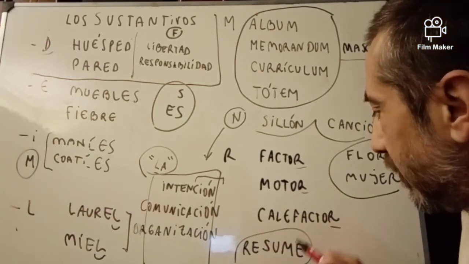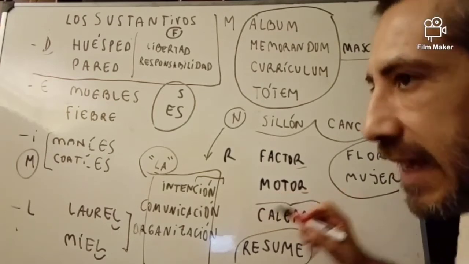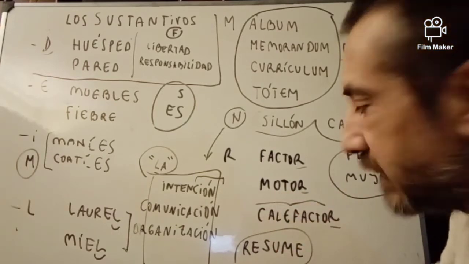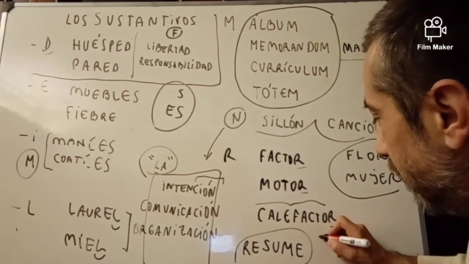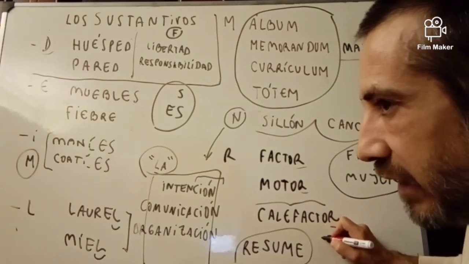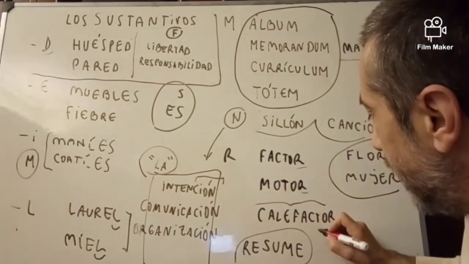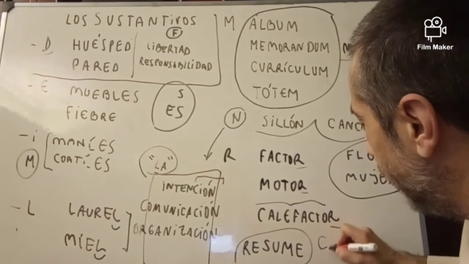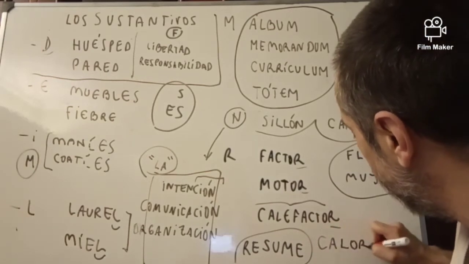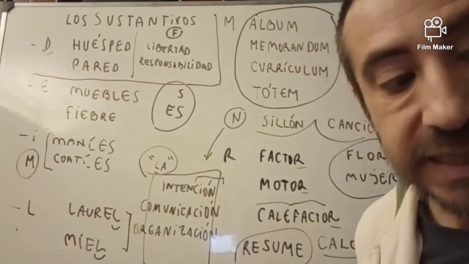El calefactor, the heater. From Latin, that produces heat. Factor, from facere, means to do or to produce, and cale from calor. We say calor, but in Latin it's calor. That produces heat.